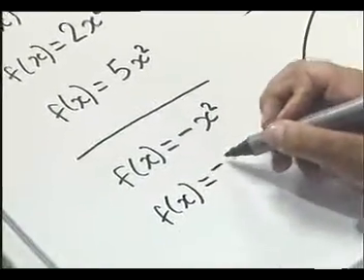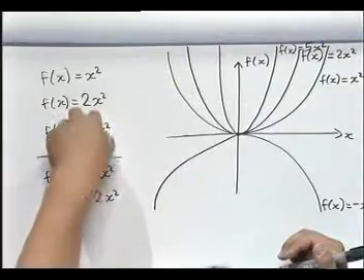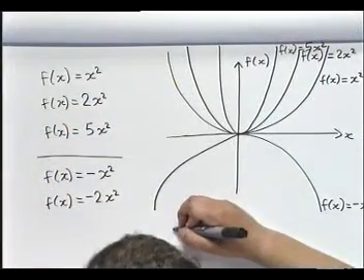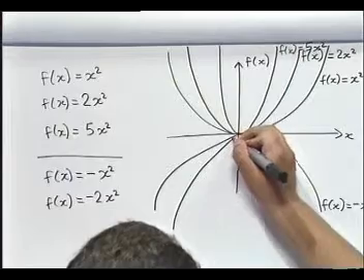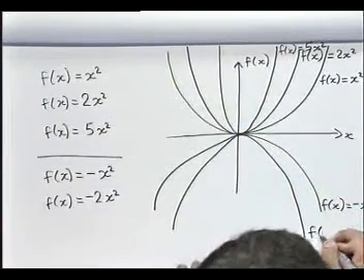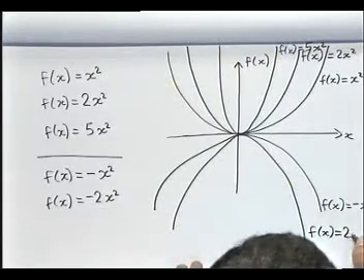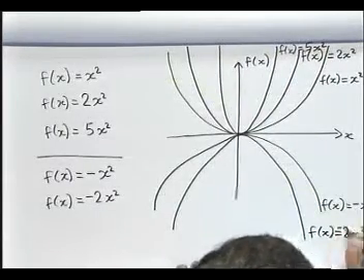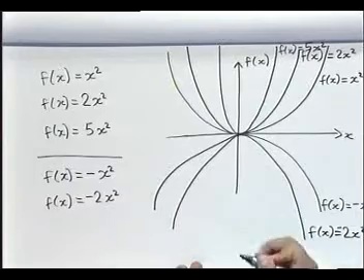Likewise, f of x equals minus 2x squared will be a reflection in the x-axis of f of x equals 2x squared. And so we get something which looks like this. This is f of x equals minus 2x squared.